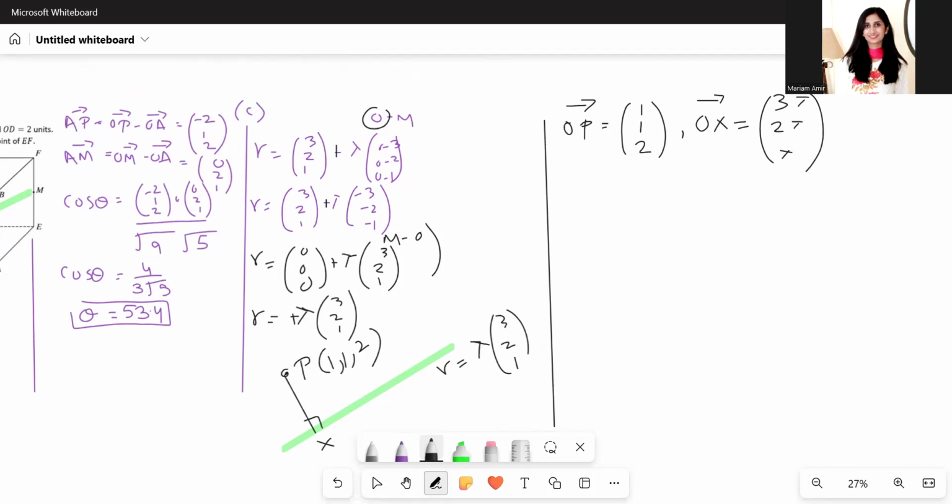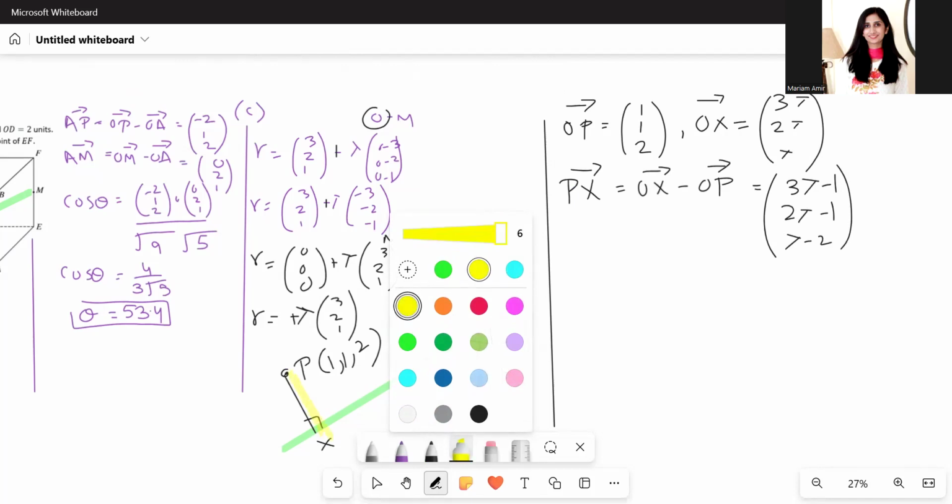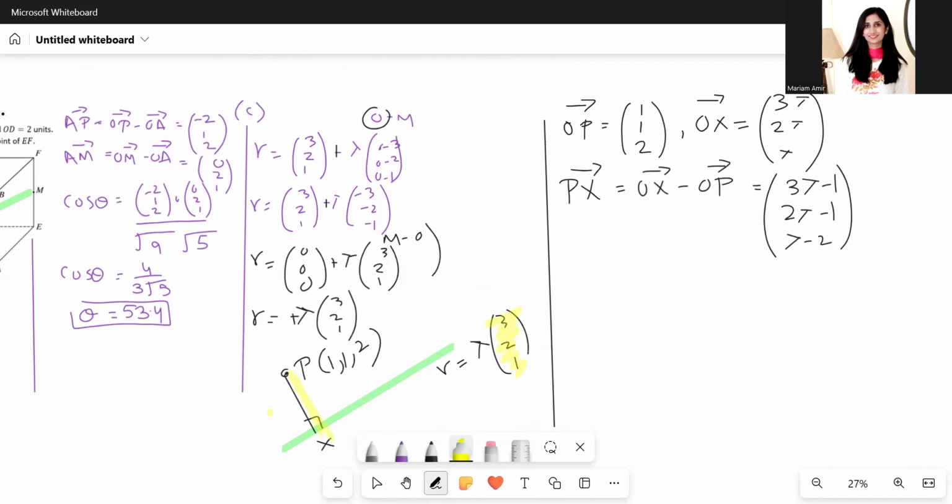Now we're going to find the vector PX, which is going to be OX minus OP. So 3 lambda minus 1, 2 lambda minus 1, lambda minus 2. That's PX. Now we're going to take the dot product of this PX with this direction and equate it to 0 because they're perpendicular.